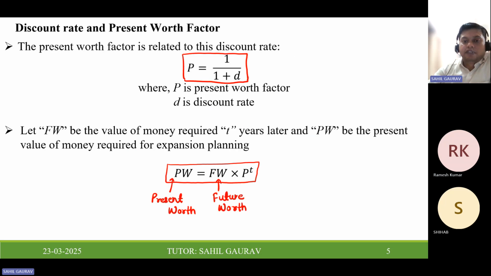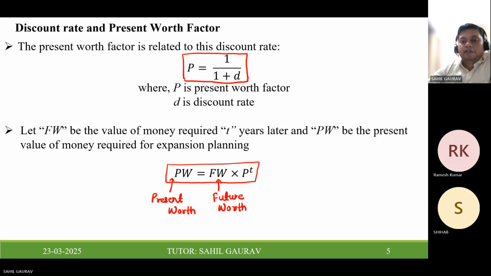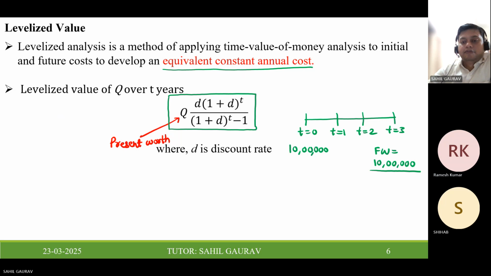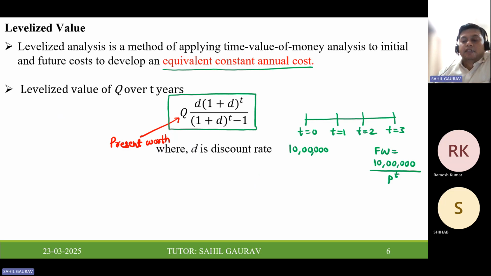If you find this future worth, then future worth equal to present worth, ten lakh, present worth upon p to the power t. Yes. So this amount you are having after 3 years.